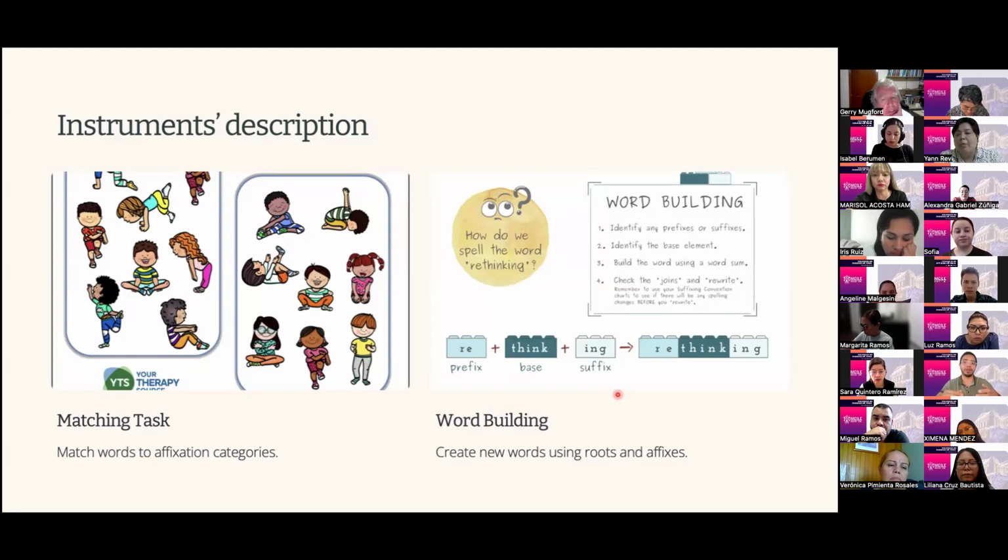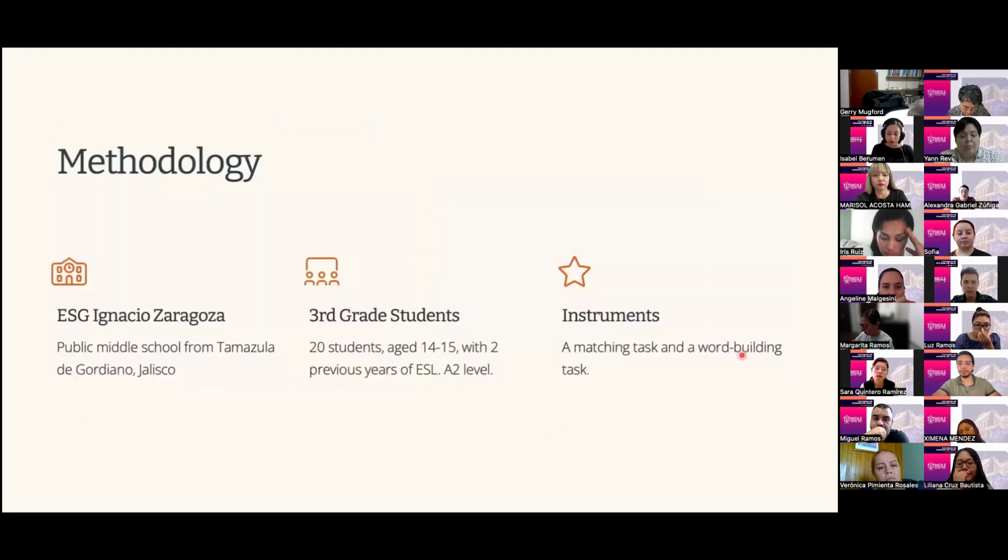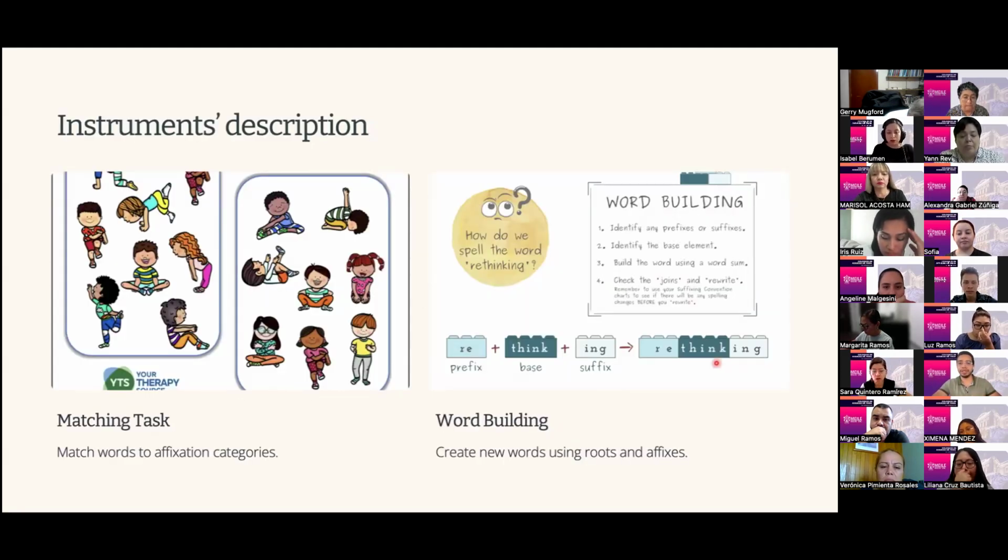I'm gonna check if they know the categories and their meaning explicitly. And then I'm gonna make another activity, which is the word building activity, like filling the gaps, if they can create a new word to complete a sentence.